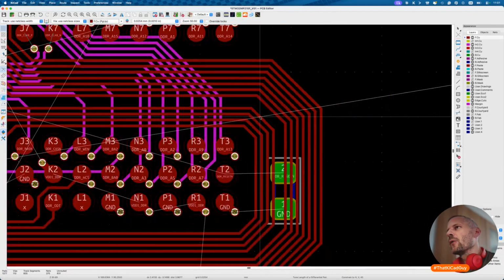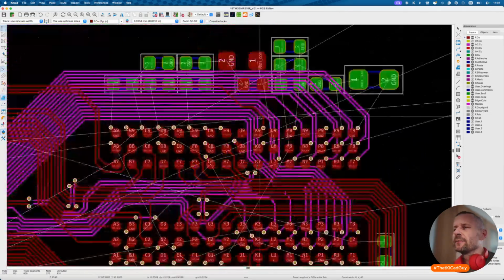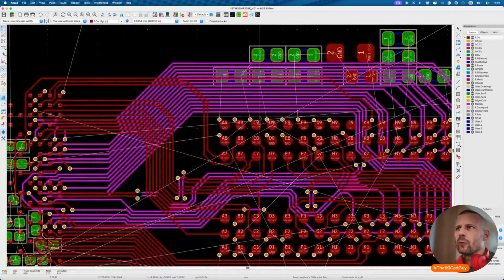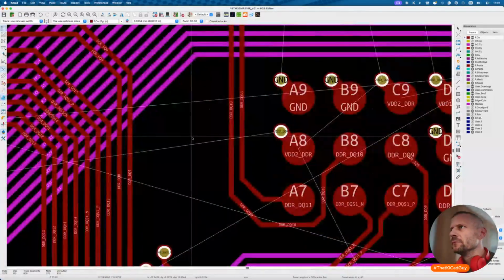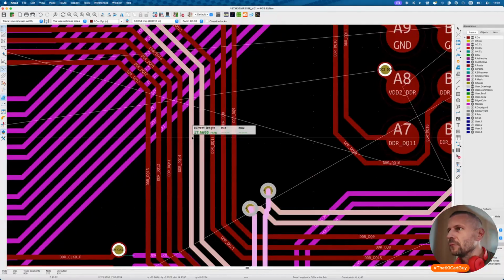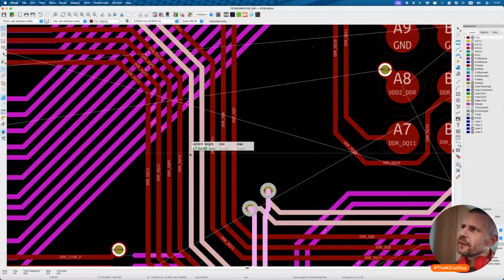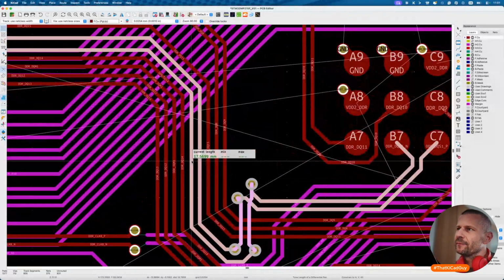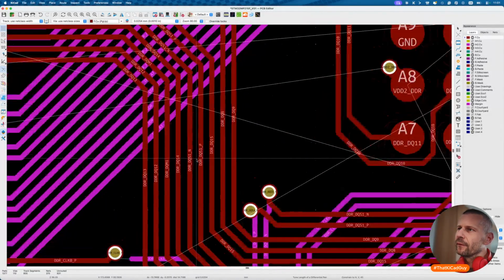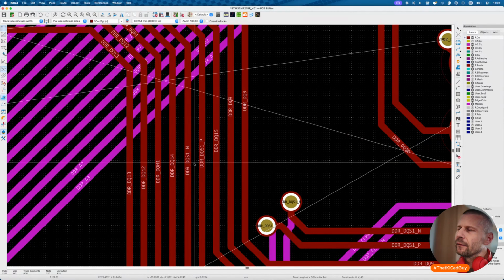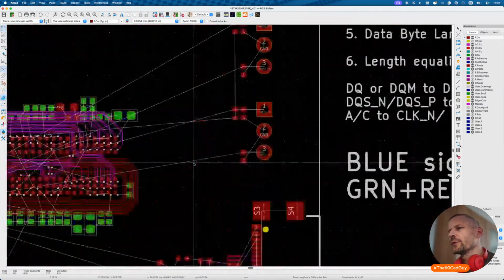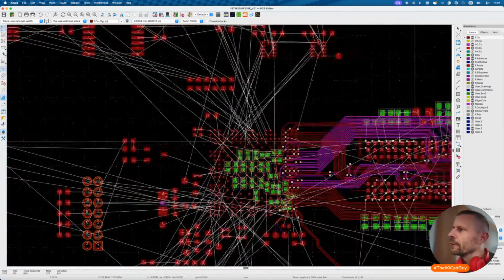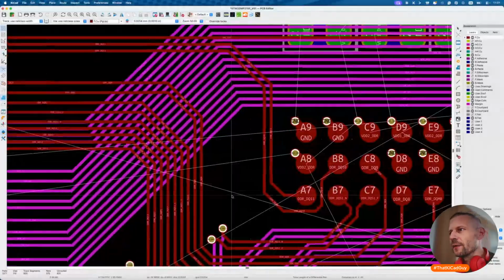Now, where is the other one? The other one is a part of the upper signals, and this is the strobe. The strobe in this case is very short, surprisingly short.